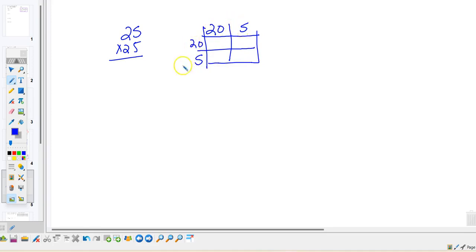So 20 plus 5, 20 plus 5, 20 times 20, 20 times 5, 20 times 5, 5 times 5. Add them all up. 400, 500, 600. This is 625.